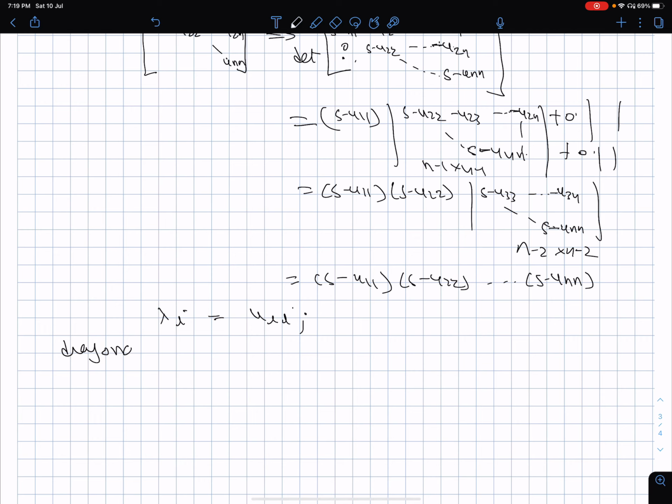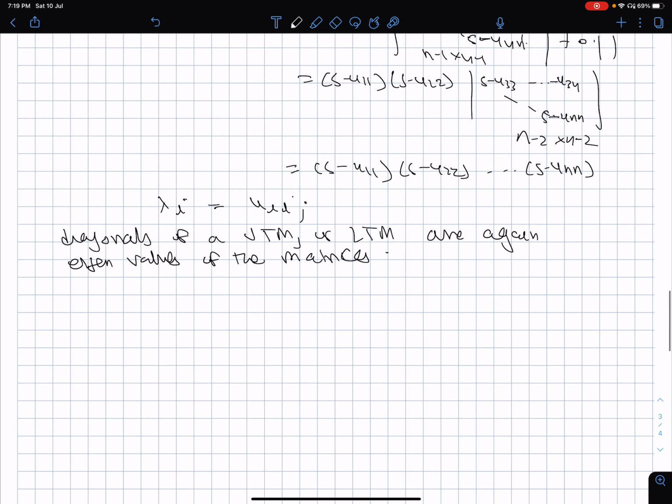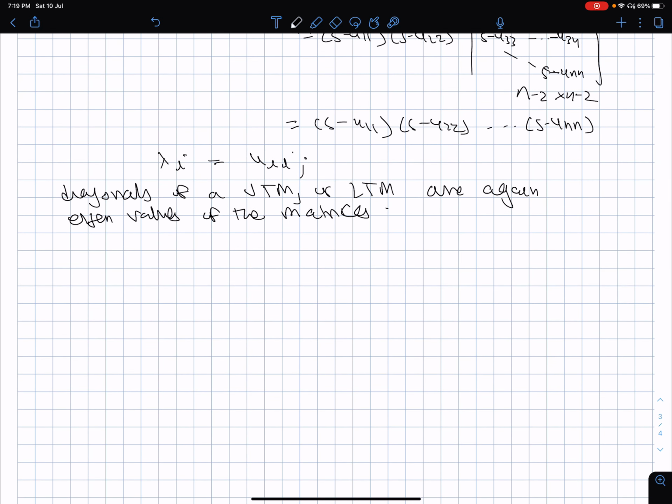So the diagonals of an upper triangular matrix or lower triangular matrix are again the corresponding eigenvalues of these matrices. So this part is also quite straightforward, that this is what is going to be their eigenvalues.